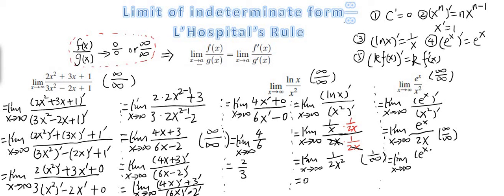We do the derivative for the numerator, and then we do the derivative for the denominator, and we're gonna get the derivative of e to the power x is gonna be e to the power x.